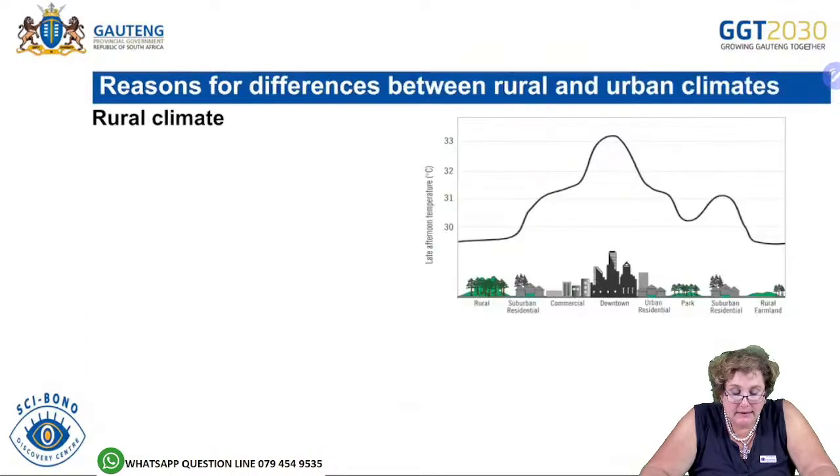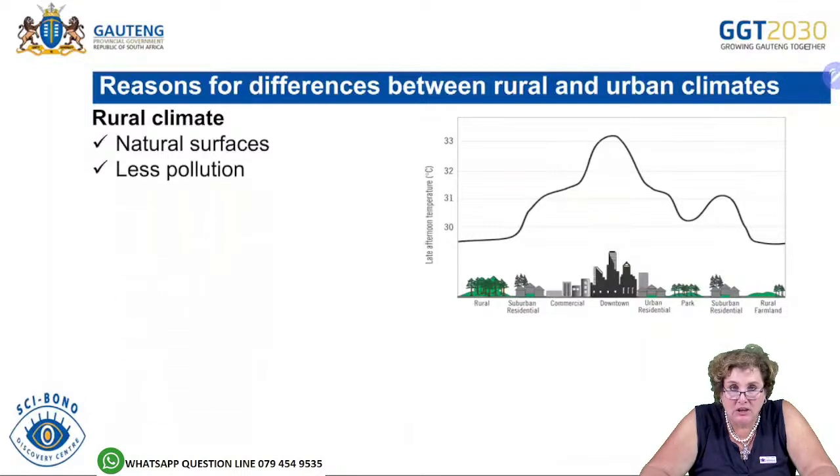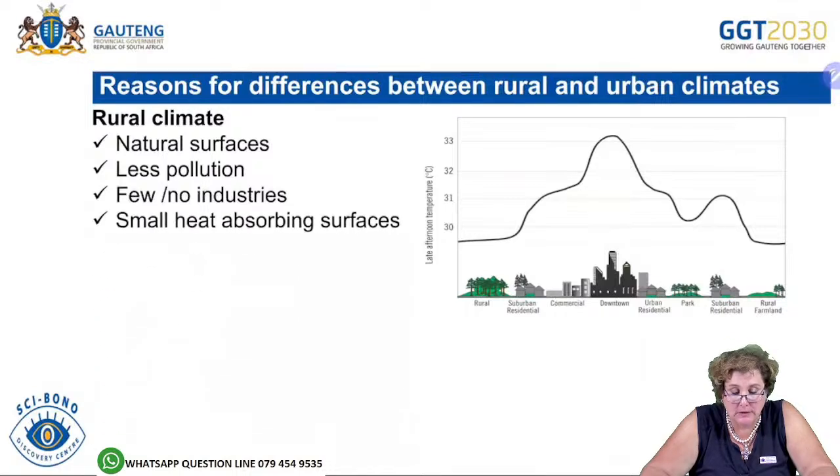Now if you look at this diagram, you will see the natural areas, the rural areas, have natural surfaces. It's either grass or it is gravel. In my rural areas we have less pollution with few or sometimes no industry.